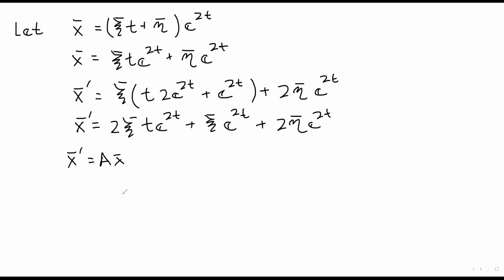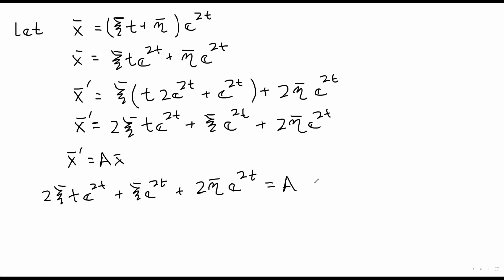Okay, so we're going to get all of this on the left-hand side: 2 xi t e to the 2t plus xi e to the 2t plus 2 eta e to the 2t equals A times xi t e to the 2t plus eta e to the 2t.